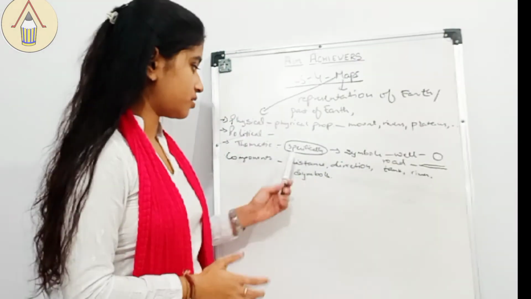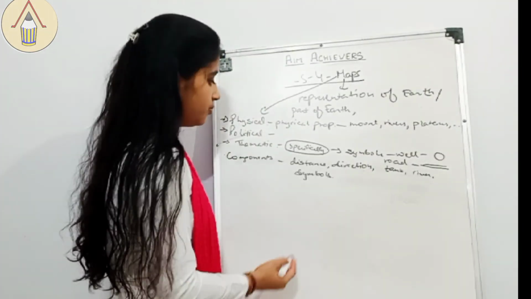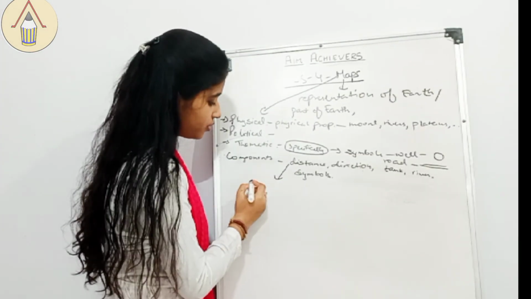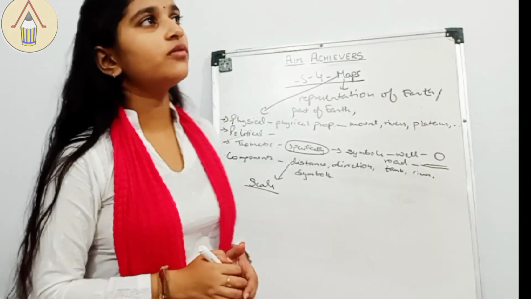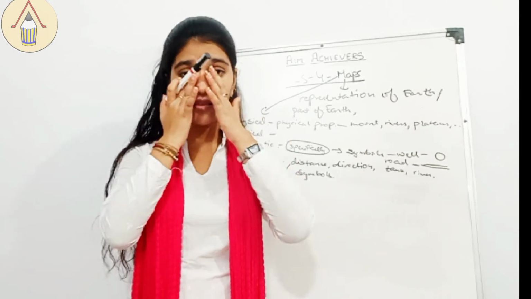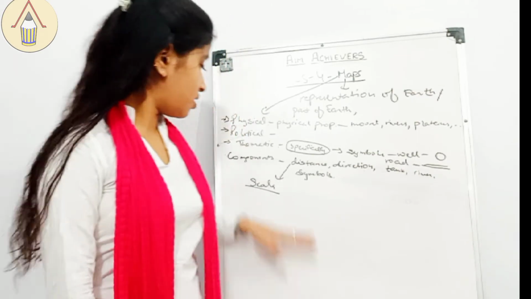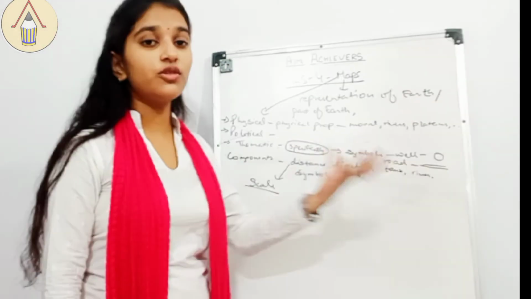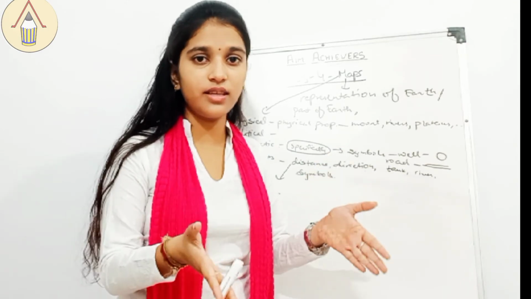Now talking about distance, the first component of maps. Distance we use as a scale, you must have read. Maps are drawn in such a way that we can cover a large area on just a sheet of paper. So we should give the user a scale that is easily understandable.